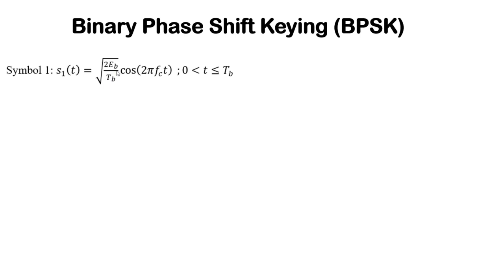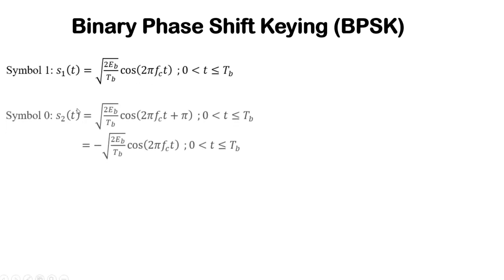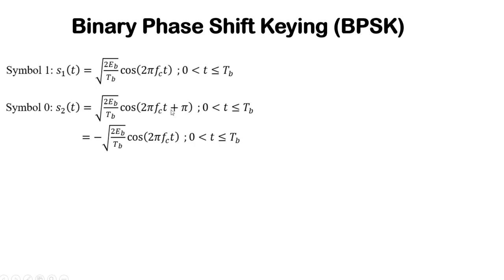So in BPSK the phase of the carrier is changed according to the symbols. For symbol 1 we are using 0 phase, and for symbol 0, the second symbol, we are using a phase of pi. So we have added the phase pi for BPSK. Phase is nothing but the starting angle of the signal.